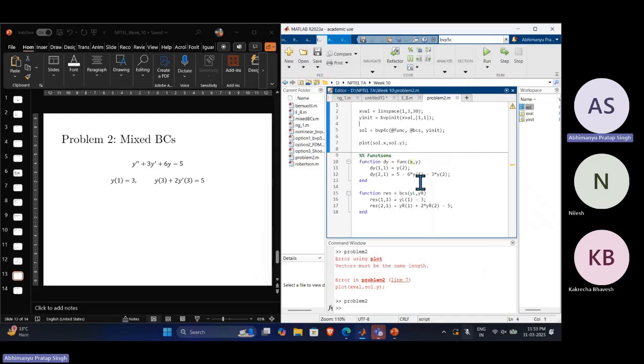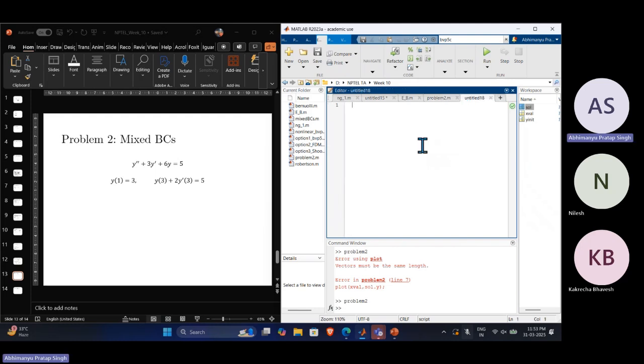Now let us look at the same problem using the FDM approach. Let us take N as 30, L is 2. Yes, we are going from 1 to 3, so L is 2.